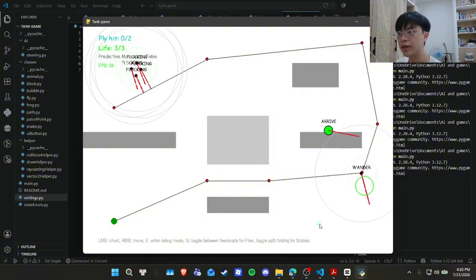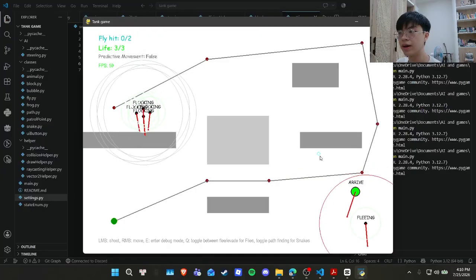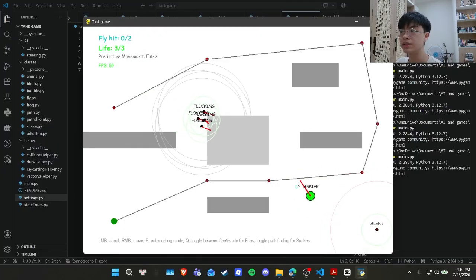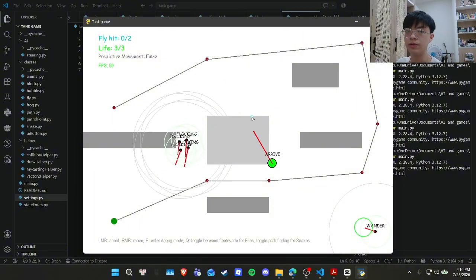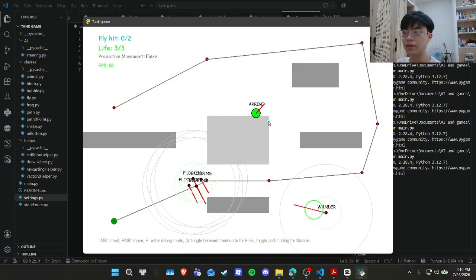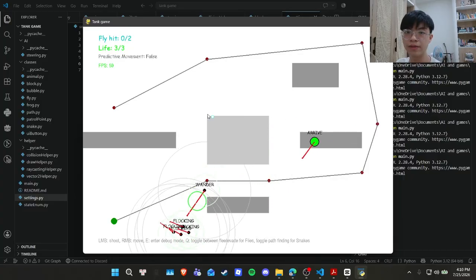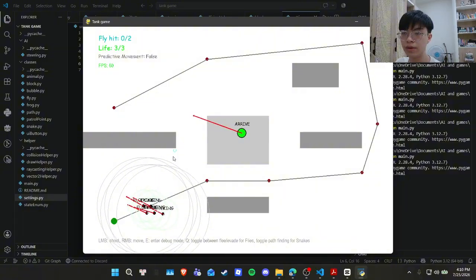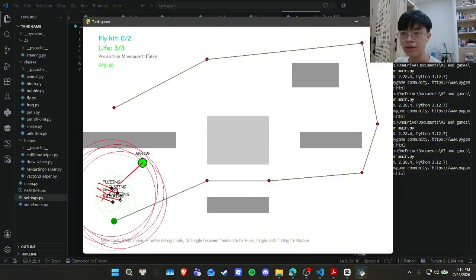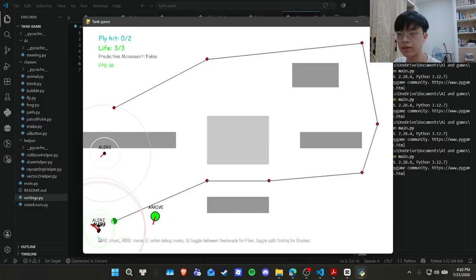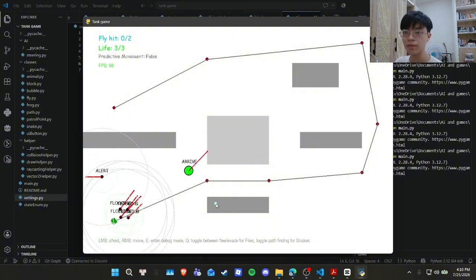When we get close, the fly will flee away from us, and then it will get to the alert state, which will still flee away from us, but more slowly, and then it will get back to wander. This will make the fly feel more natural to simulate. Alert, then back to flocking, and then wander.